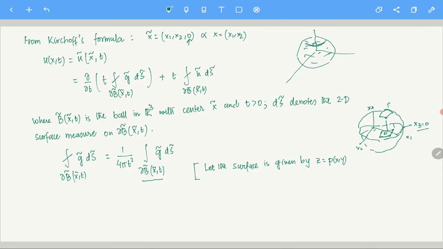So basically it's a graph of some function. Sorry, z equals to p of xy. So let's say you have a surface which looks like z equals to p of xy.